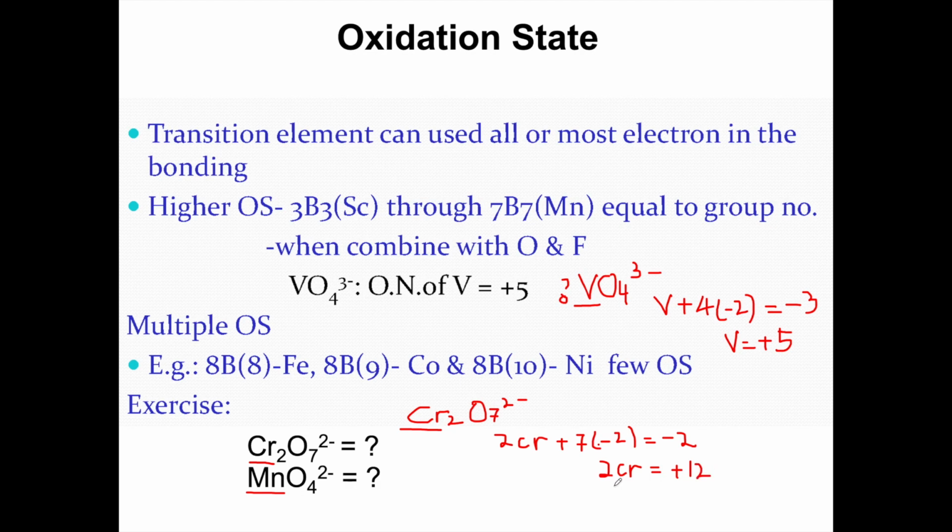And then divide by 2, each chromium here is actually positive 6. Right, so please find the oxidation state for this manganese. We will discuss this part during our virtual class.